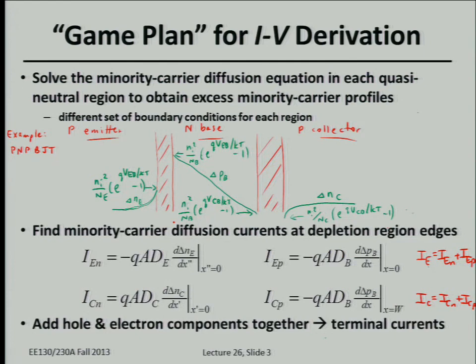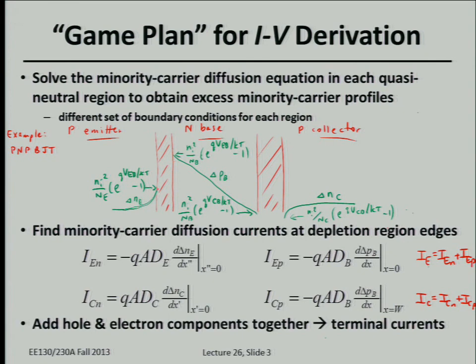And then we solve the minority carrier diffusion equations, and then we can find the excess minority carrier concentrations in the emitter, the base, and the collector. So that's what I'm plotting here. It's just an example of the excess minority carrier concentration profile in the emitter, in the base, and in the collector, and it's dependent on the voltage applied across the junction.